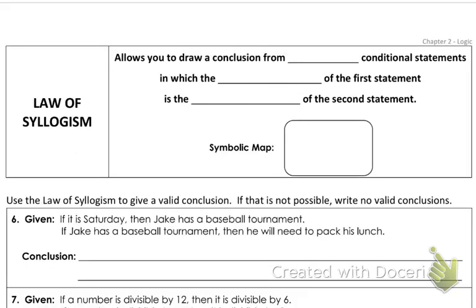All right. Let's talk about our last thing. That is our law of syllogism. Law of syllogism allows you to draw a conclusion from two conditional statements, in which the conclusion of the first statement is the hypothesis of the second statement.